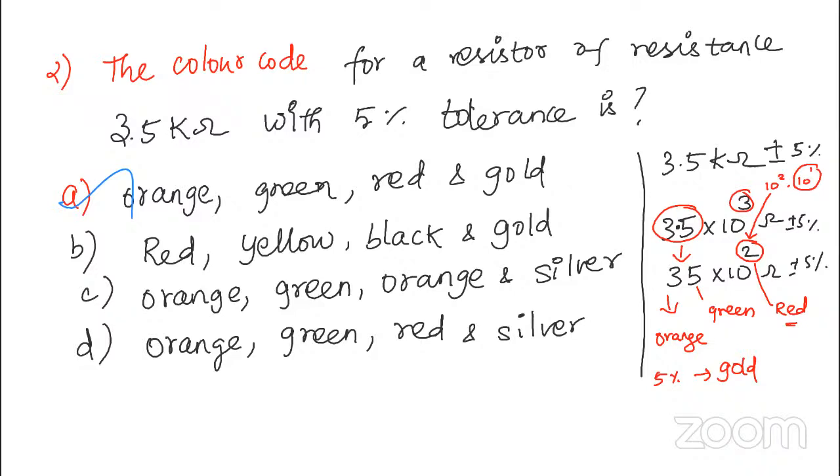Yes, first two ஒரு color. So this is for color 1. 35 க்கு 3 வந்து first color and 5 வந்து it is the second color.